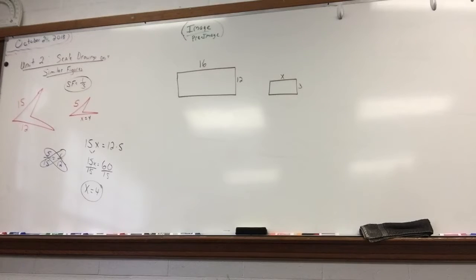So what does your proportion look like? Okay, so there's 16. Very good. So, what is the proportion? Oh, well, that's not a 2, that's a 3. So that needs to be a 3 right here. There you go.